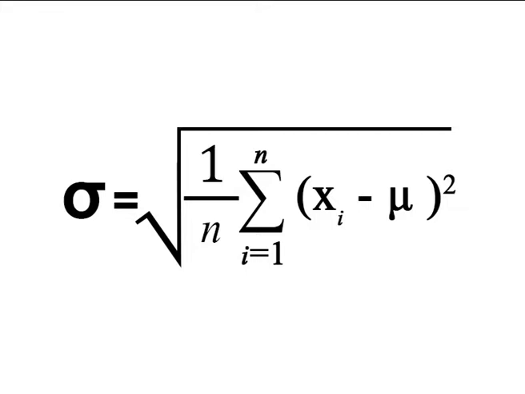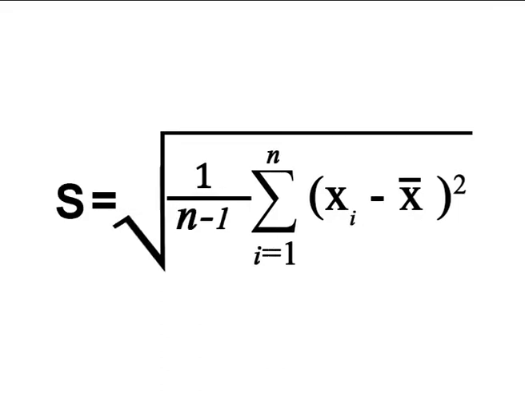Population standard deviation. The formula for this is shown on the screen, where mu is the population mean, and sample standard deviation, where x bar is the sample mean. The difference in calculation of population and sample variance is that the average is found using the number of elements in a set, n.